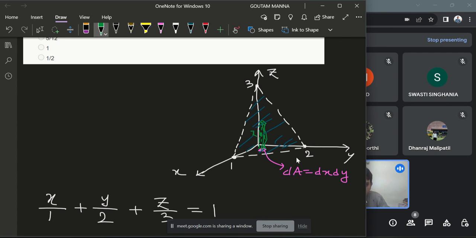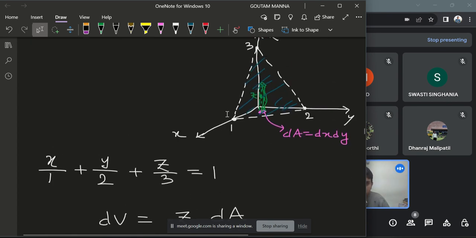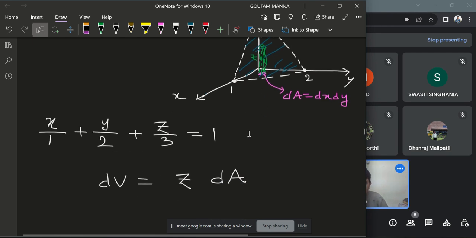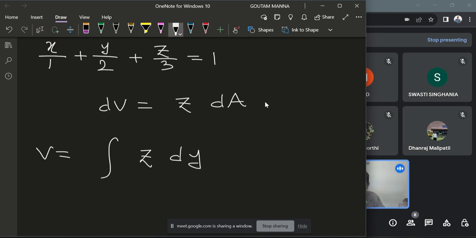So multiplying by z, we get the volume dV. So dV is z dA, and now we need to integrate over this small triangular region in the xy plane. So the volume will be the double integral of z dy dx.